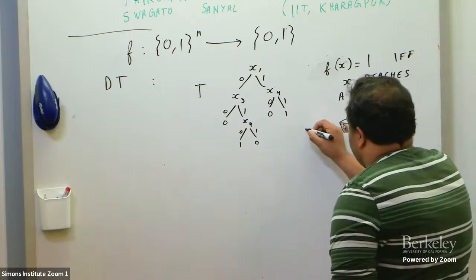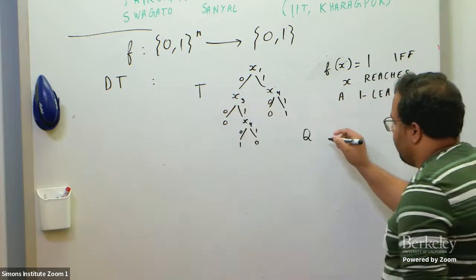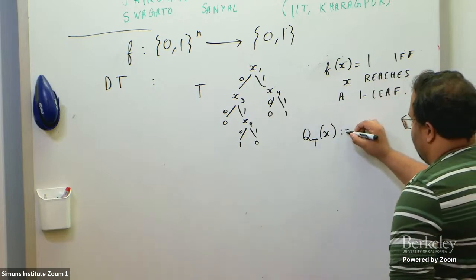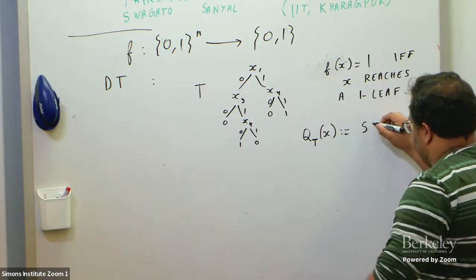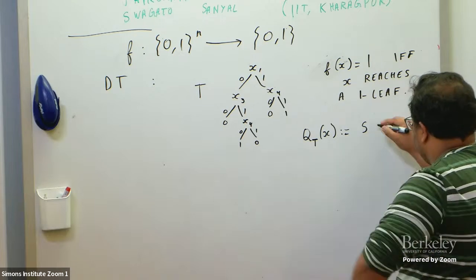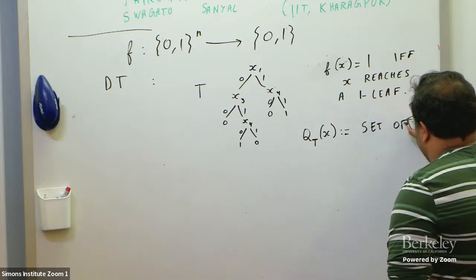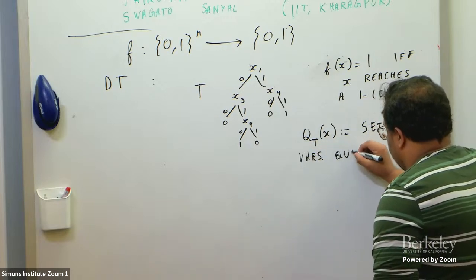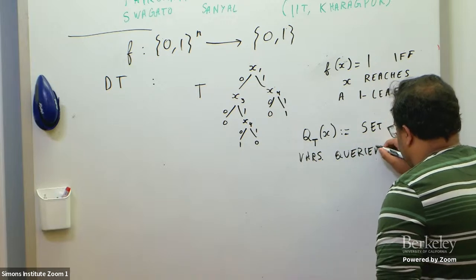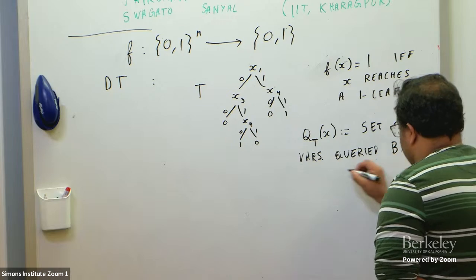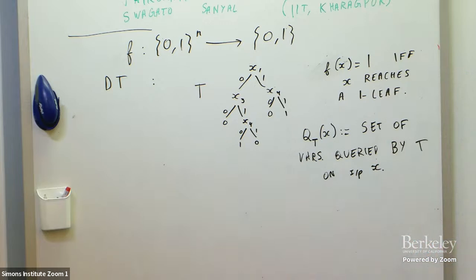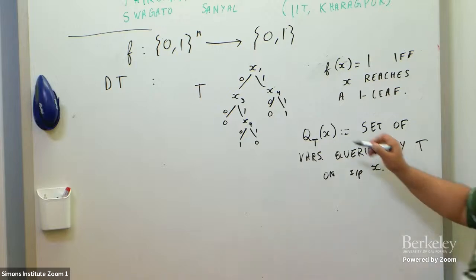For a tree T, I'm going to use the notation Q_T(x) to denote the set of variables queried: on input x, if you run the decision tree T, what is the set of variables queried?